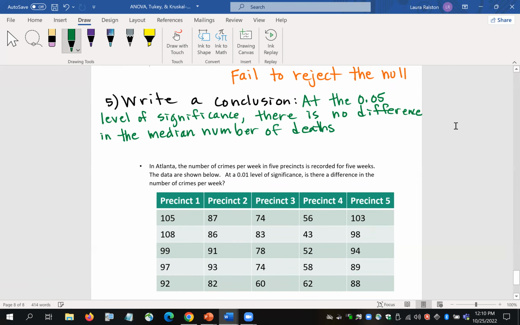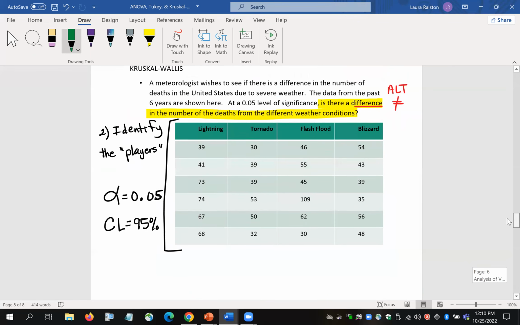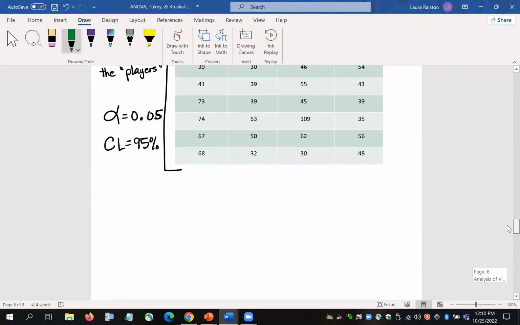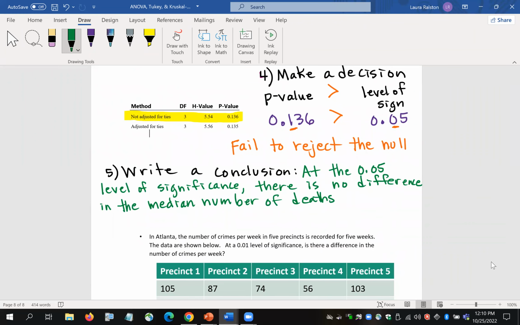I'm going to go back up here and pick up the same sentence: deaths from the different weather conditions. Okay, so there's your conclusion.